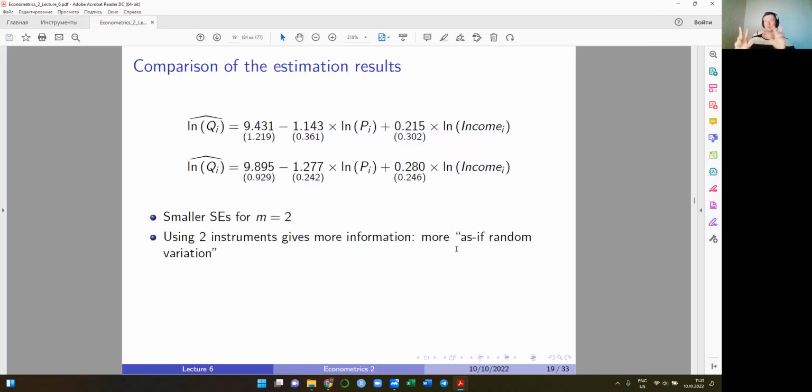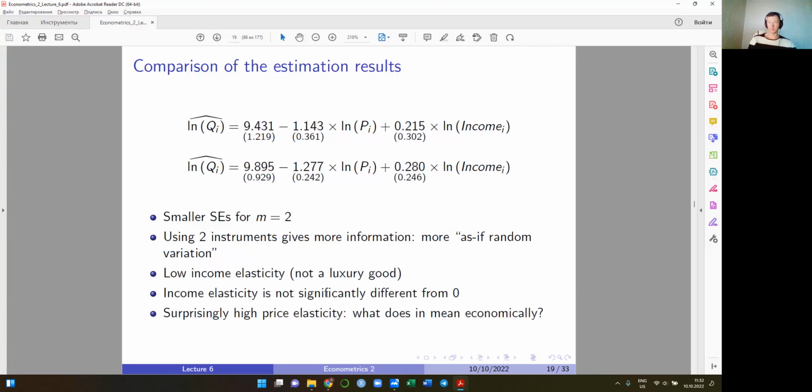We have more, as if random, variation. So that's why the standard errors are really lower. We have low income elasticity, which means that this is not a luxury good, but on the other hand, this income elasticity is not significantly different from zero.